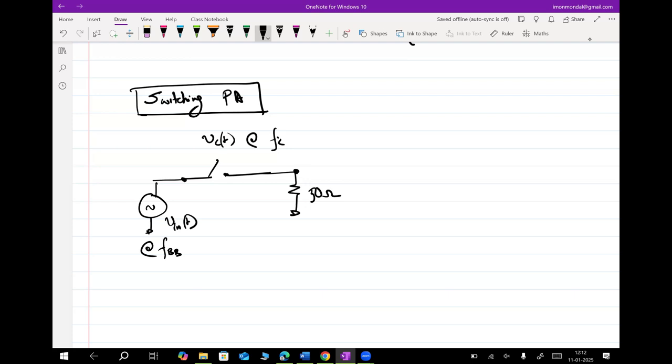You might say that V in T inherently probably doesn't have enough swing, right? So I took the example that maybe it has 10 millivolts of swing. But I can then say that I can put an amplifier here. That should also be fine to some extent. I can increase that swing.